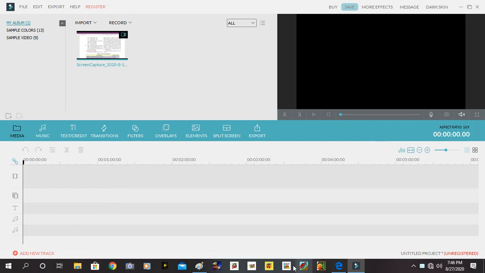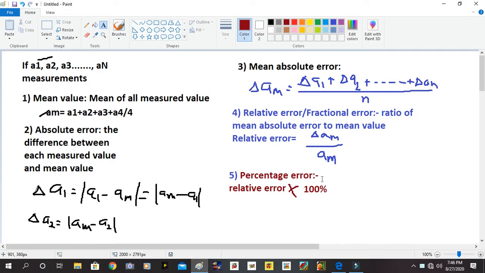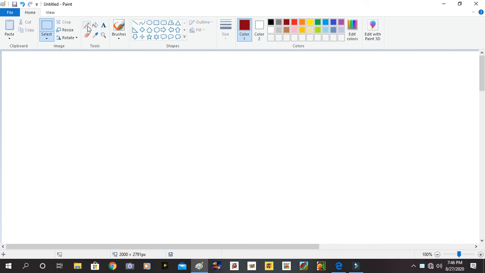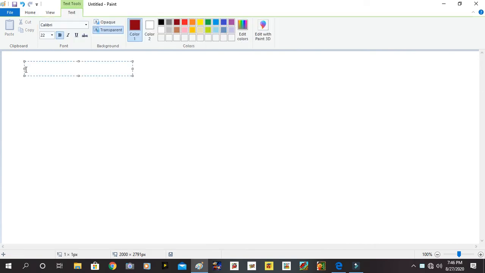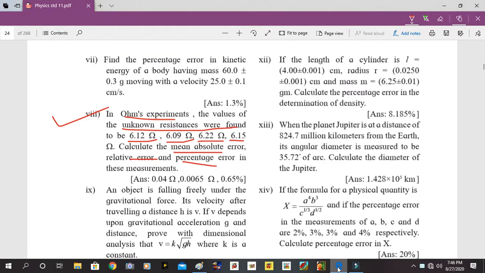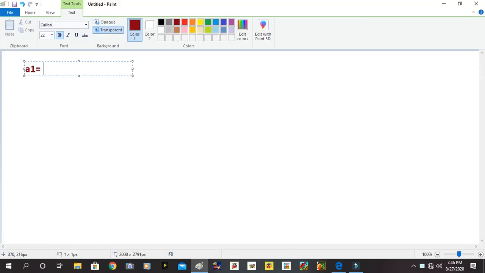So again, we will shift to the same terms. We will write what is given there. First, we will indicate each and everything properly. First is A1. Let's check what the values are: 6.12, 6.09, 6.22, and 6.15. So A1 is equal to 6.12 ohm.